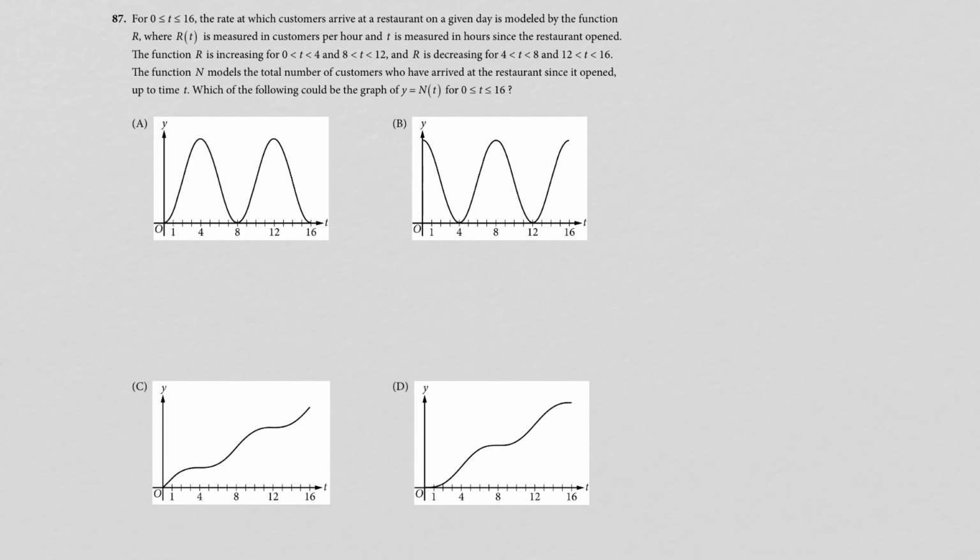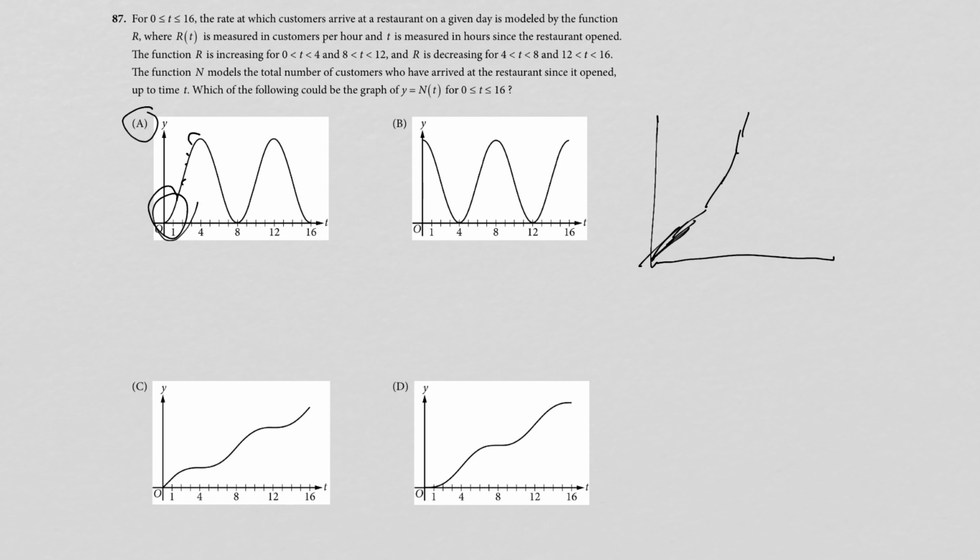They want to know, so this thing seems to be the graph of how the rate is changing, but they want how the number of people is changing. So what's happening is, people are coming pretty slowly in the beginning. But then people start coming faster and faster and faster, which kind of looks like that.